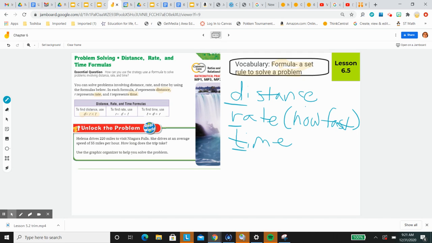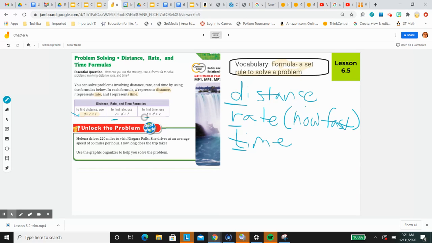All right. So depending on what we're looking for, if we're looking for distance, we want to use this formula right here. I put a check mark by it, because the distance is all by itself with an equal sign in between the rest of the problem. If I want to find the rate, then I'm going to use this form. I have the same letters, but instead of multiplying, we're using division.